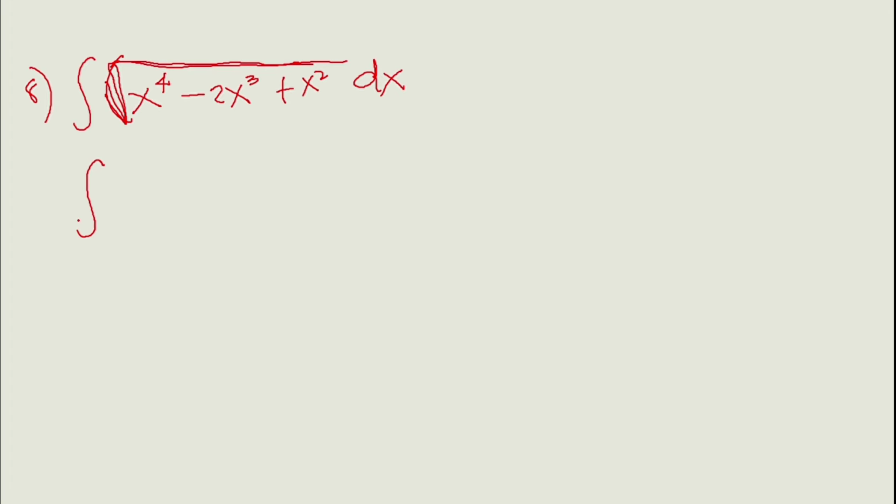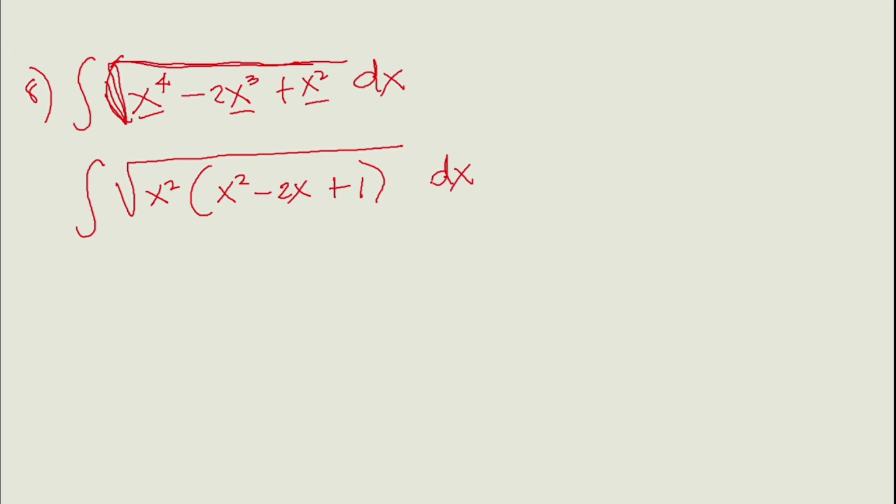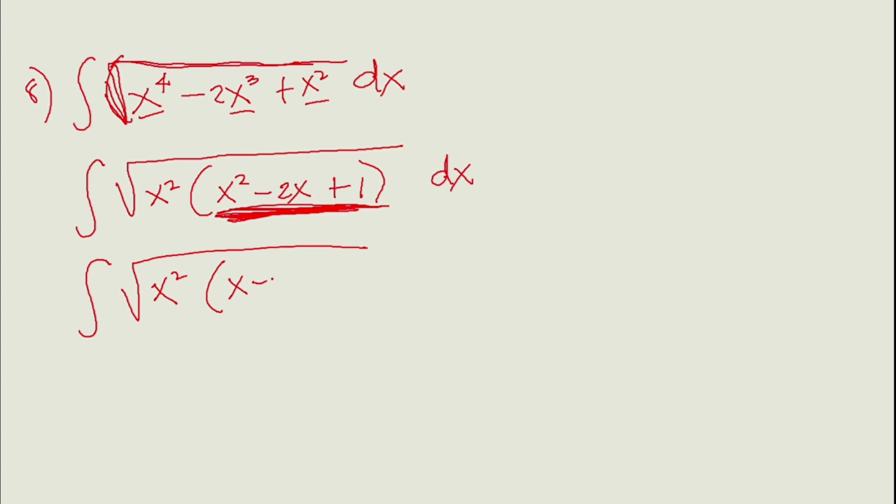The integral of the square root of, since the common factor is x squared, x squared times (x squared minus 2x plus 1) dx. We can still factor this part, so we have the integral of x squared times (x minus 1) squared dx.